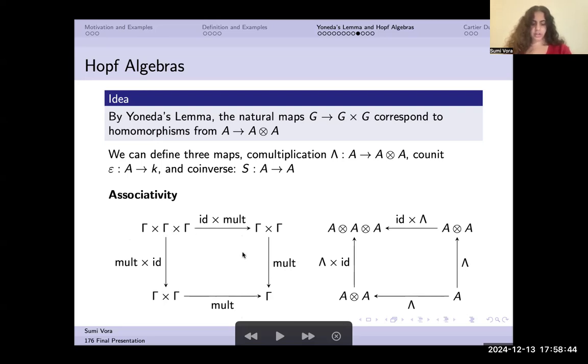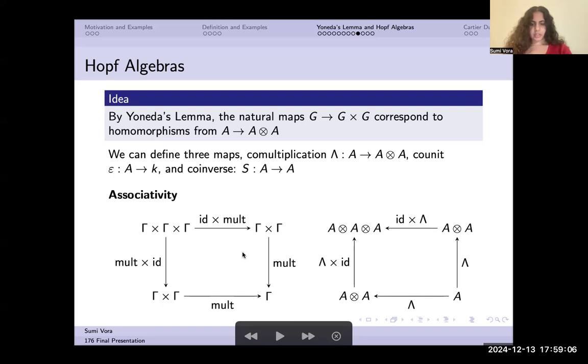And here I start calling G gamma, since G is the functor and gamma is going to be some group. Right, okay. And then if we look at A, we just have to reverse everything because, for example, if we have a natural map from gamma times gamma to gamma, then we get the homomorphism from A to A times A, and the natural maps are pretty much just the homomorphisms.